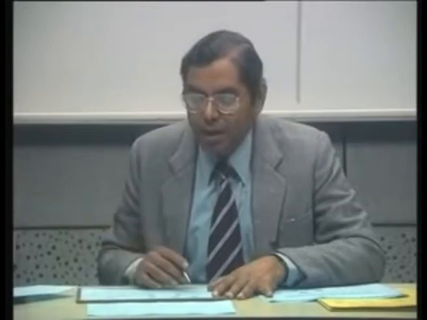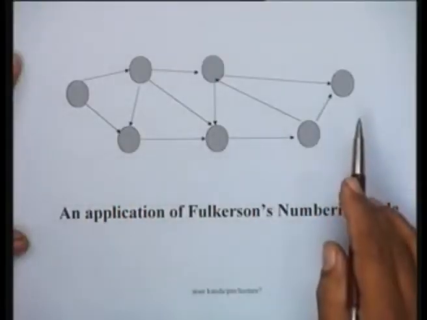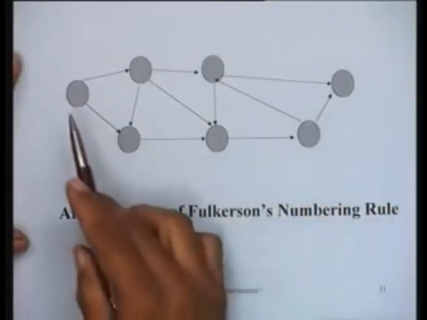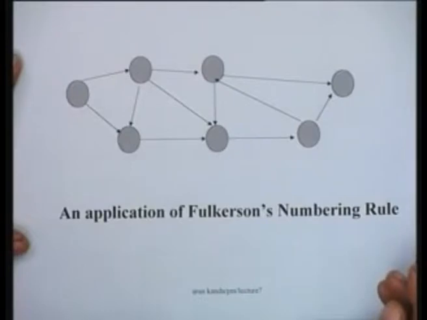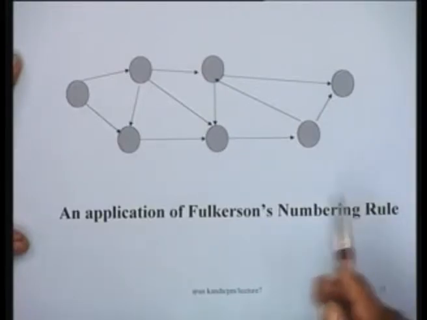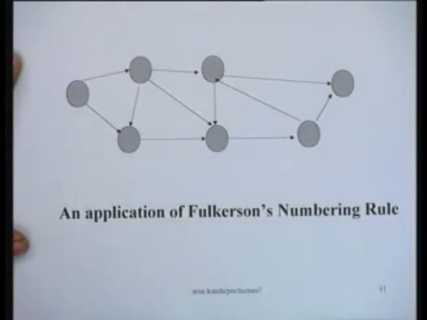Now, just to illustrate the procedure, let us look at an example. Here we have a network, and the nodes are not yet numbered. We want to find out whether this is a consistent network, and we would like to see whether we can number the nodes according to Fulkerson's numbering rule.